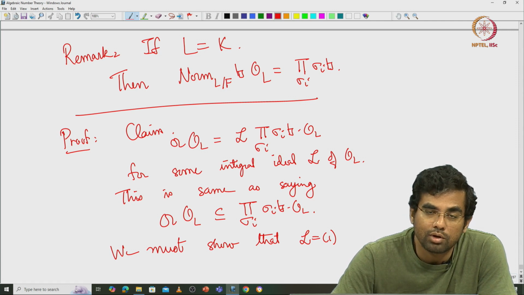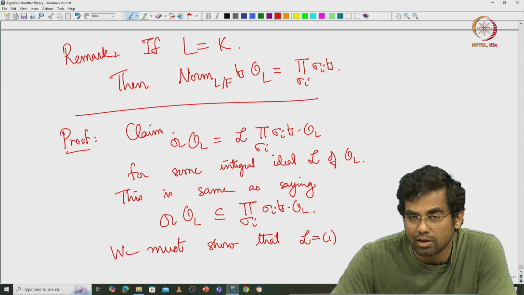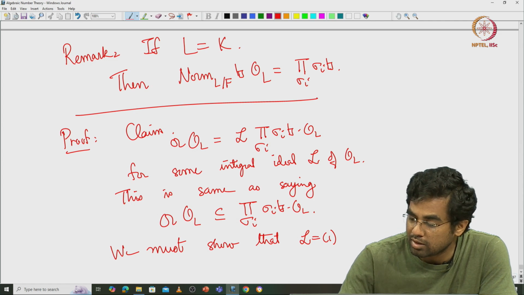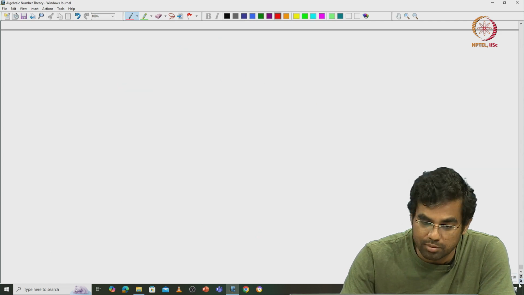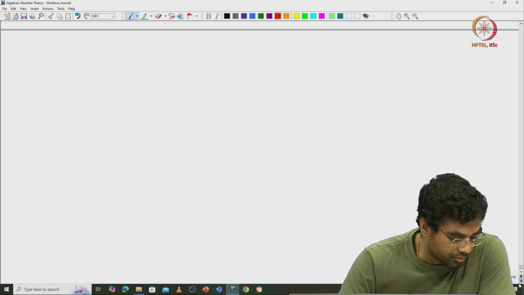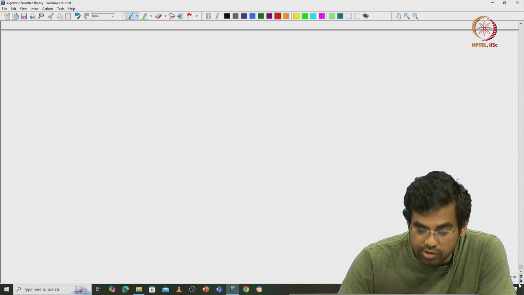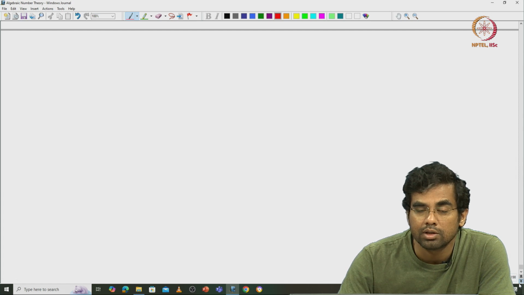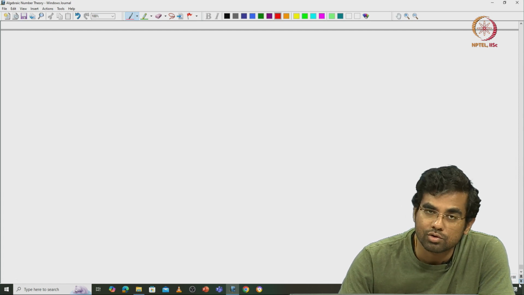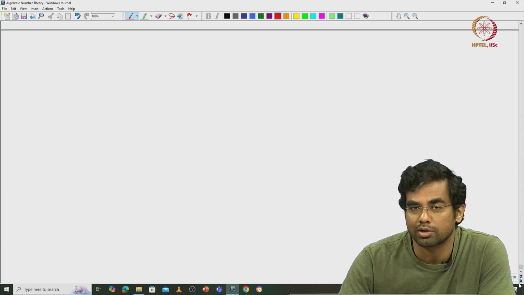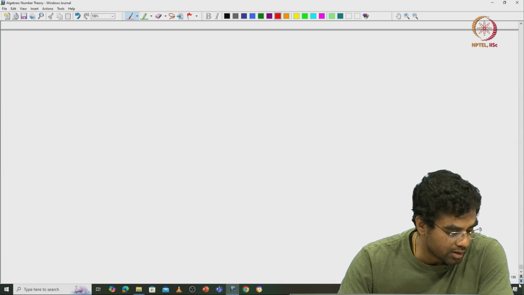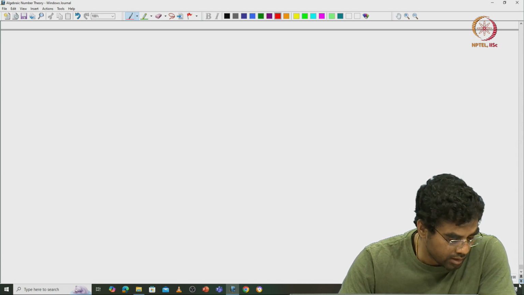You take something that is co-prime to that ideal, and then you show that that ideal is contained in it. For example, if you show that an integer divides a prime number, and that integer is co-prime to that particular prime number, then that integer has to be 1. So, it is similar to that.